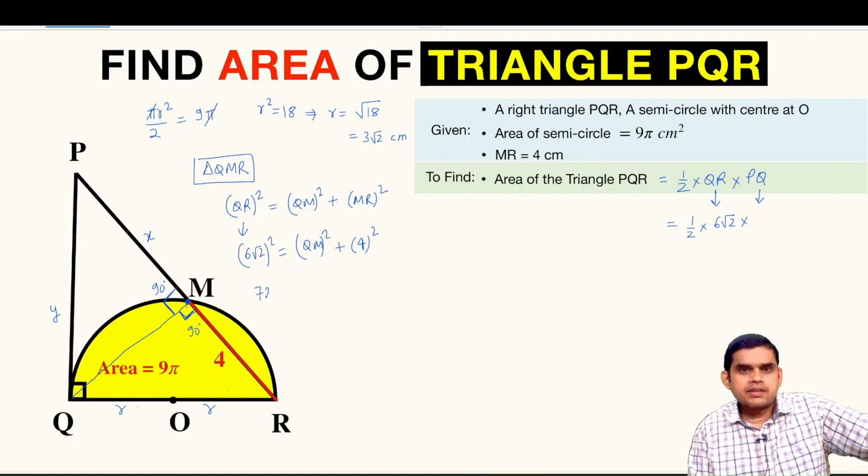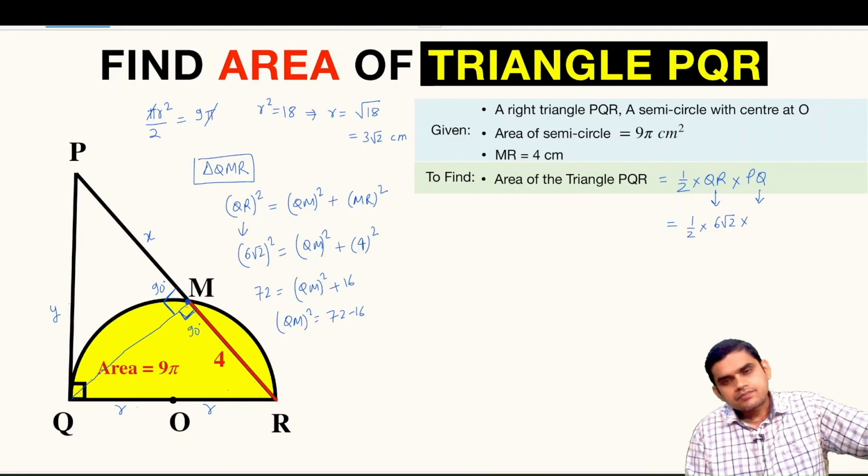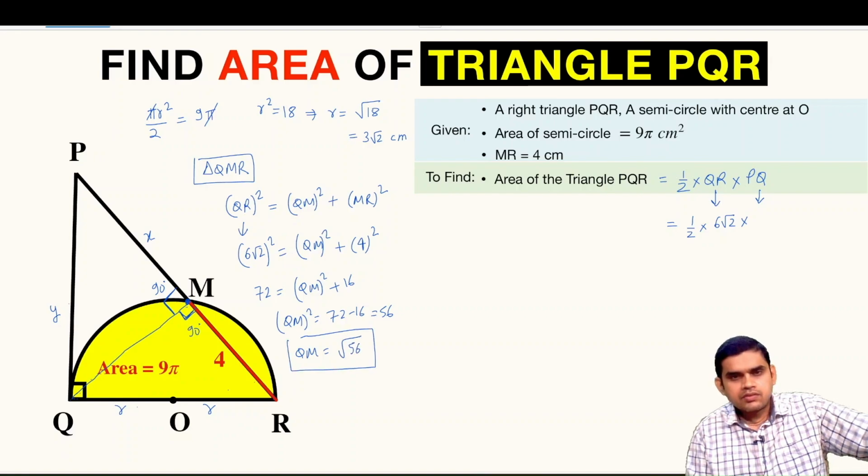So this will be 72 is equal to QM square plus 16. So QM square will be 72 minus 16. So this will be 56. So QM is square root of 56. This is what we found the value of QM, square root of 56.